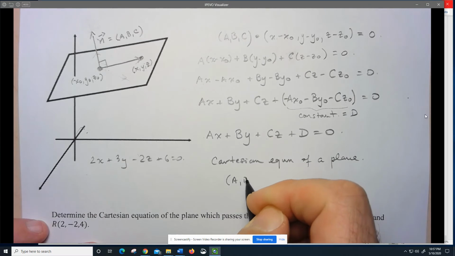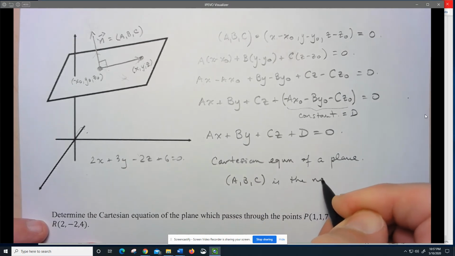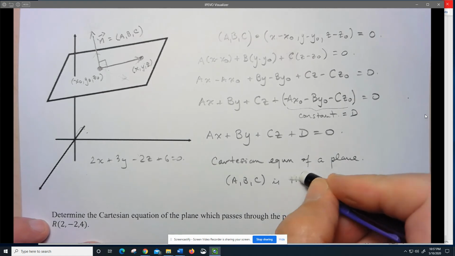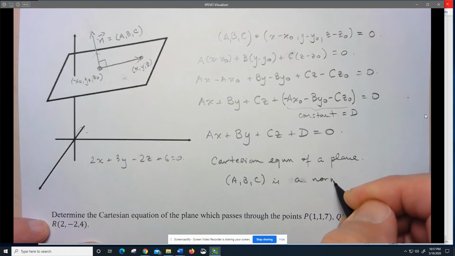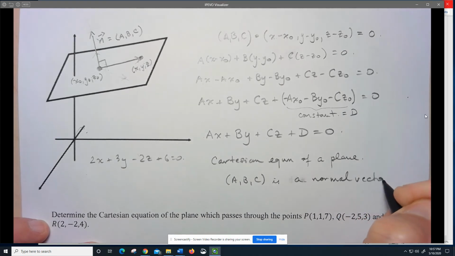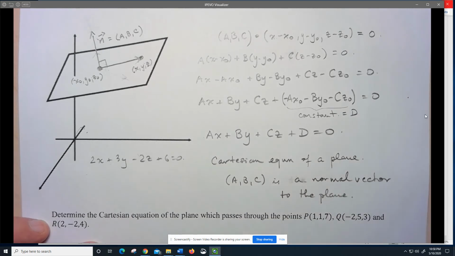Here, a, b, c is the normal, or I should say a normal vector to the plane. And what we're going to have is a much more user-friendly equation than the vector equation.